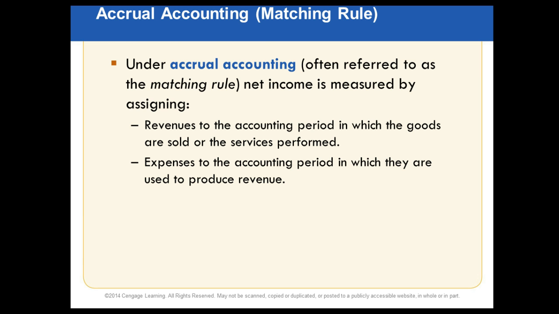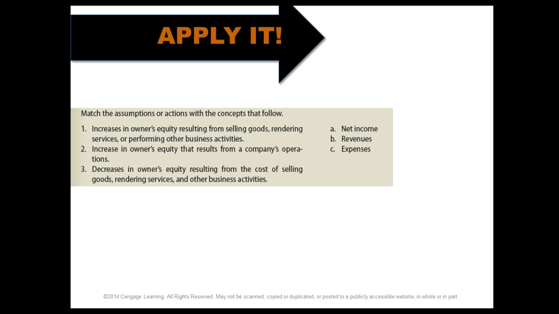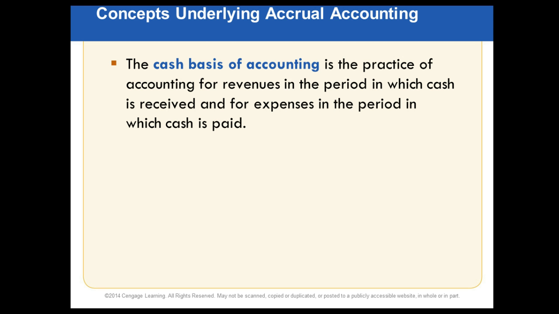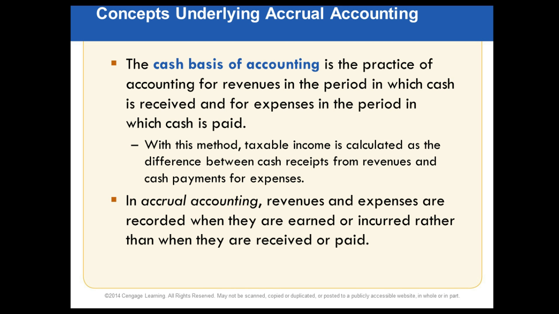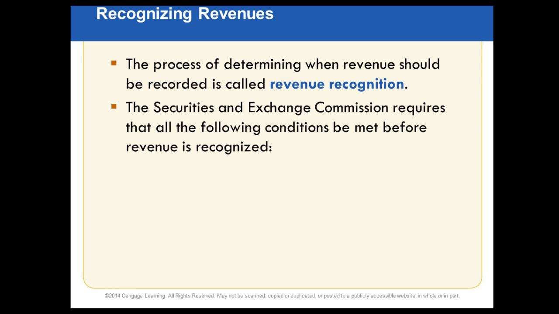Okay? So, and we'll go on because we have different examples here. So then, with cash basis, it's only based on money in, money out. With accrual accounting, it's based on when we either earn it or when we actually use that expense up, not when we pay for them.